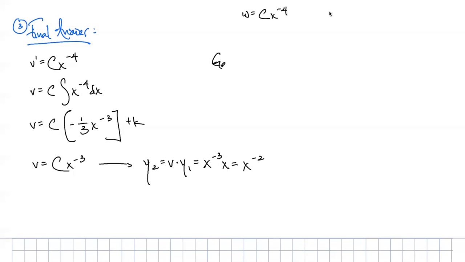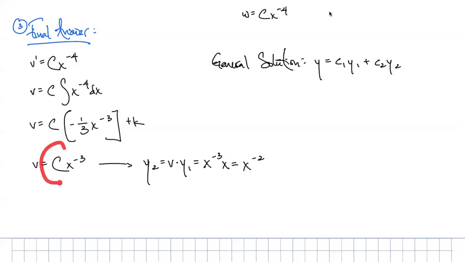And then our general solution, we want to be y equals a linear combination of these pieces, C1y1 plus C2y2. And we're just going to plug in our y1 and our y2.